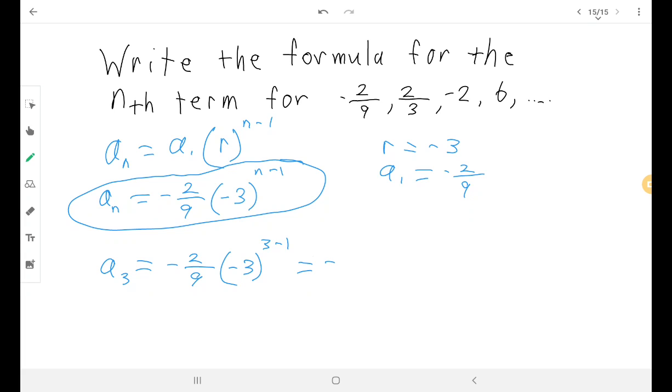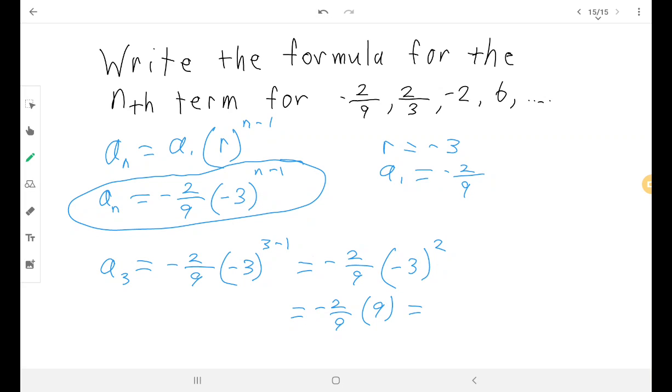So that's going to give me -2/9 times -3 to the 2nd. -3 squared means -3 times -3 again. Negative times a negative is a positive. 3 times 3 is 9. Well, that's convenient because 9 over 9 cancels.